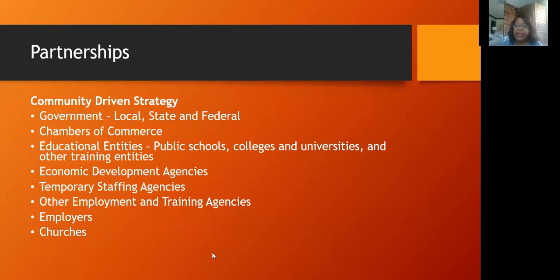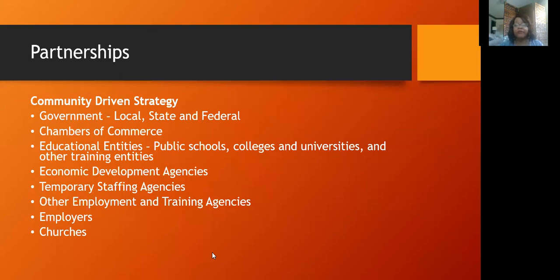Chambers of commerce, certainly an asset. Oftentimes people take a look at chambers of commerce and they think that chambers of commerce are only for the larger corporation. Unfortunately, that's not true, because smaller organizations also want to be able to tap into the assets and all of the benefits that chambers of commerce make available.